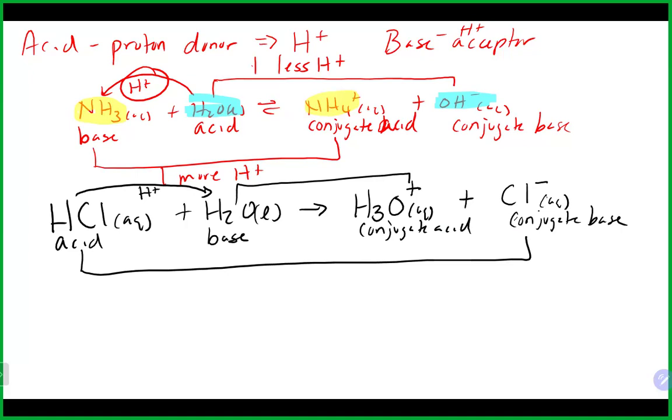And things that can act as an acid or base are what are known as amphoteric. An amphoteric substance is a substance like water that has the ability to act as an acid or a base. First off, any questions on that there?